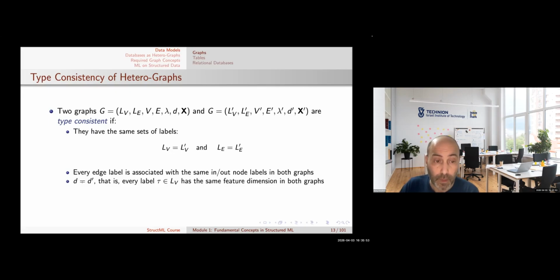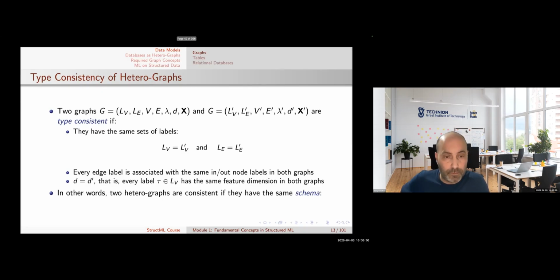And they have the same dimensions, meaning that for every node label, the dimension of the features of nodes with this label in the first graph is the same as in the other graph. We can also define it through a schema. Two heterographs are consistent if they have the same schema.